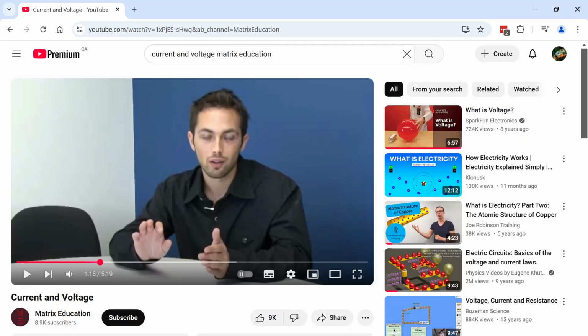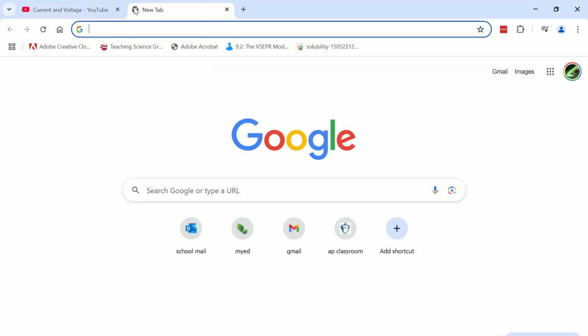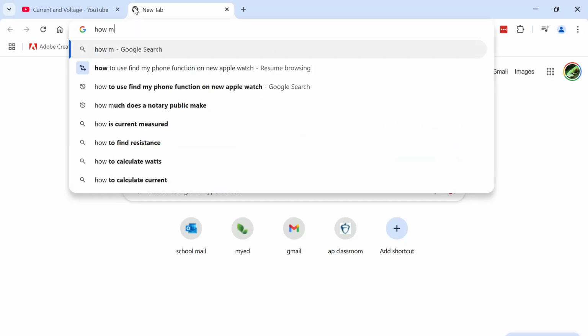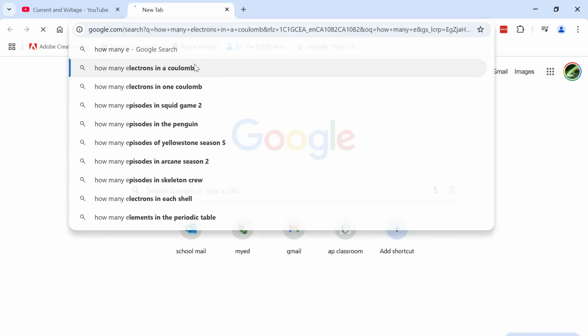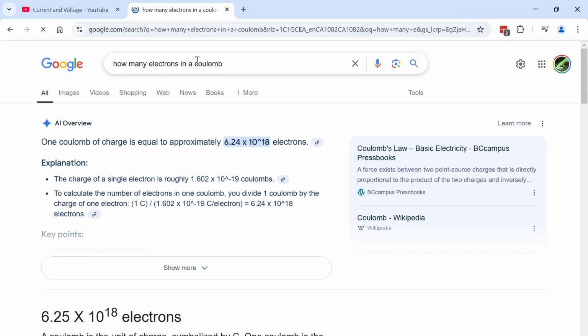It's not a literal bucket of electrons, but it is a particular number of electrons. One coulomb is a big number. How many electrons in a coulomb? 6.25 times 10 to the 18.